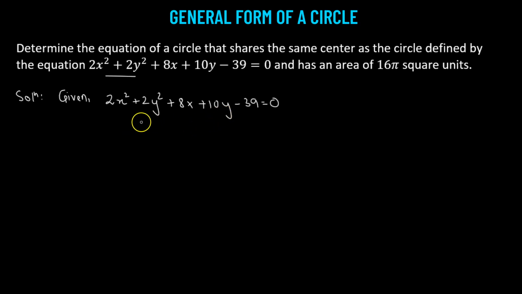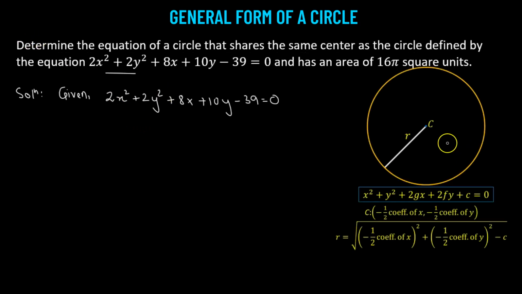So let's do that by using the general form of a circle. If we have a circle with center C and radius R, the general form of a circle is x squared plus y squared plus 2gx plus 2fy plus c equals 0. Then the coordinate of the center is given by negative half times the coefficient of x.